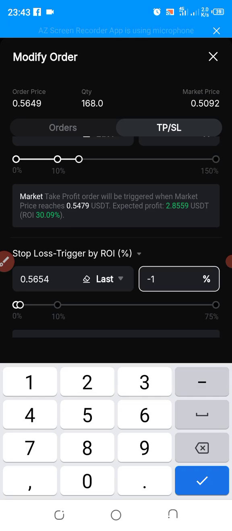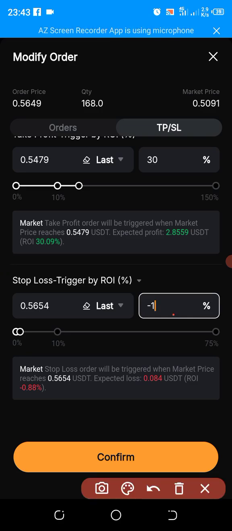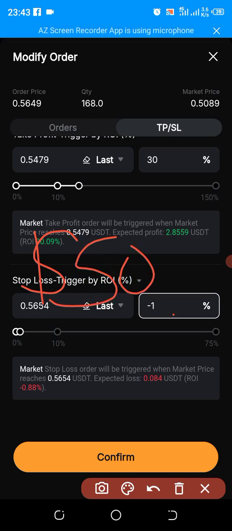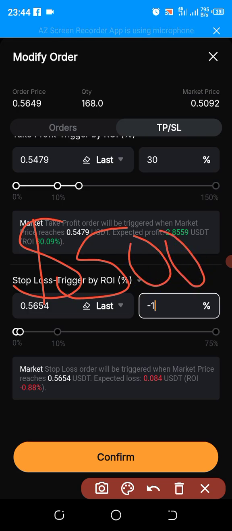So let's say you trade $50. And remember, any capital you use, let's say you have $500 in your account, please don't use more than 5 to 10% of your capital for a trade.